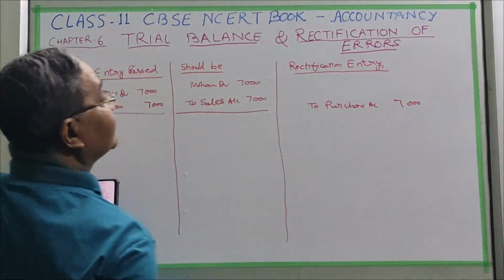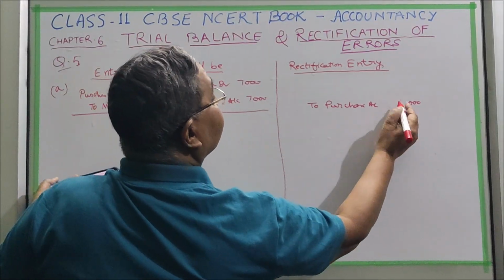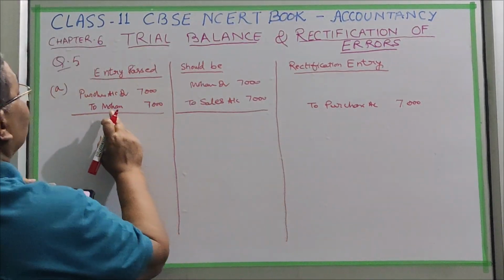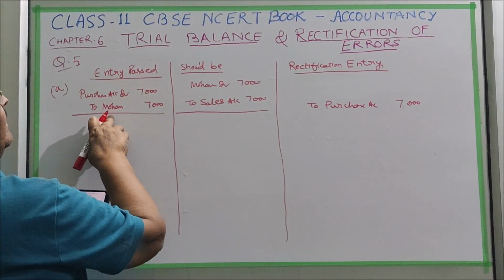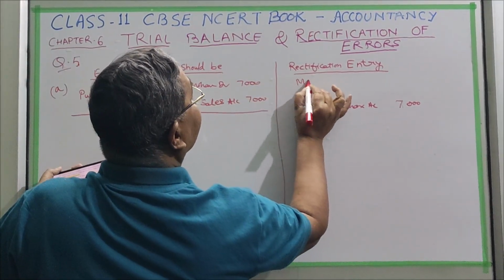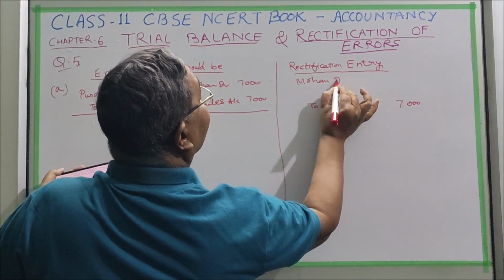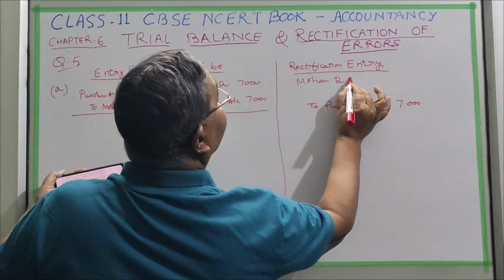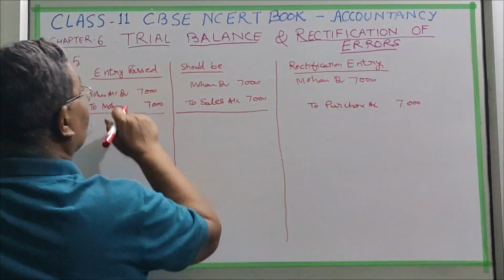Then Mohan's account was created wrongly. Now you have to debit. So Mohan debit this 7,000. Now this chapter is over.